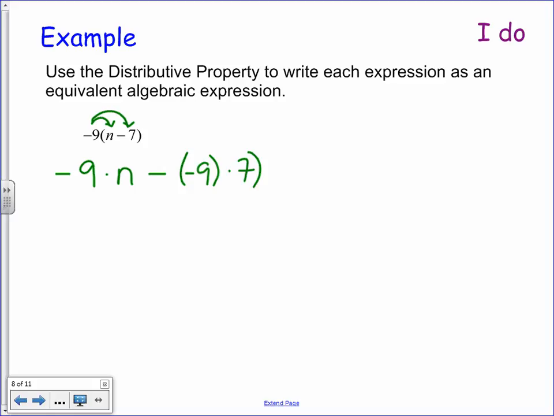Okay, so then I just simplify and I have a -9n minus a -63. Now I can go a little bit further because what happens when I have a minus minus right next to each other? Isn't that the same thing as saying plus plus? So this is really -9n plus 63.